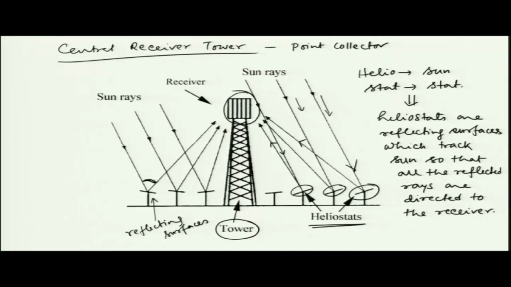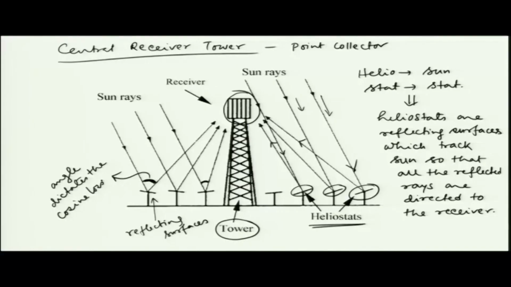So, in the previous figure you can see that this angle is more for the heliostats which are towards the edge. Those which are near the central tower, this angle is smaller, and this particular angle dictates the cosine loss.